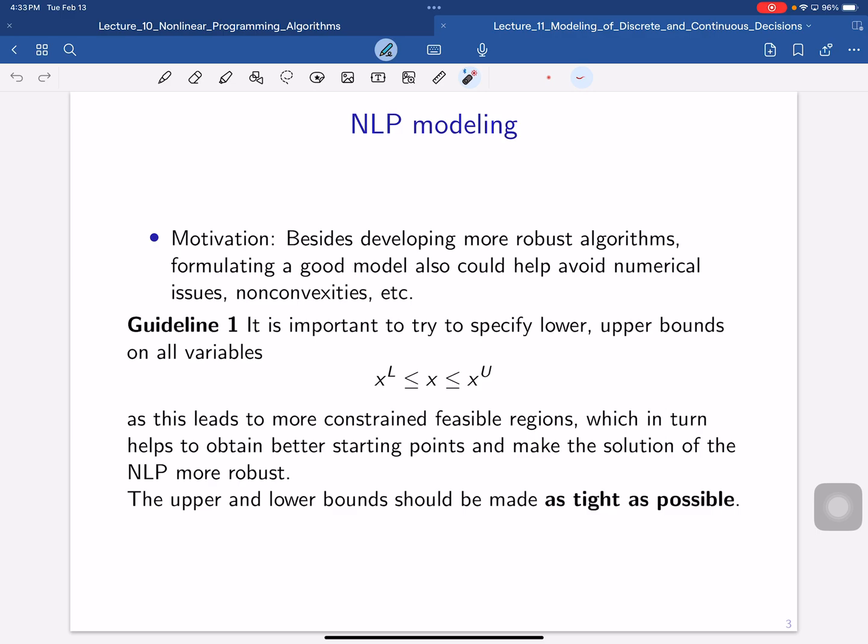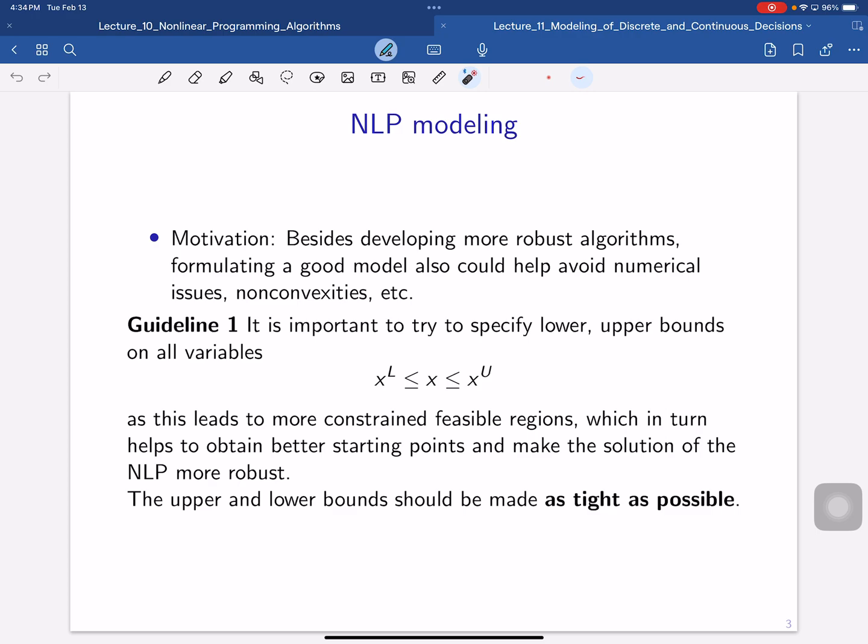So the first guideline is it would be nice to specify the lower and upper bounds for all the variables. If you know good upper and lower bounds from your problem, it would be nice to specify that. This guideline is not as significant in convex problems. So in the latter half of this lecture, we will talk about non-convex optimization problems.